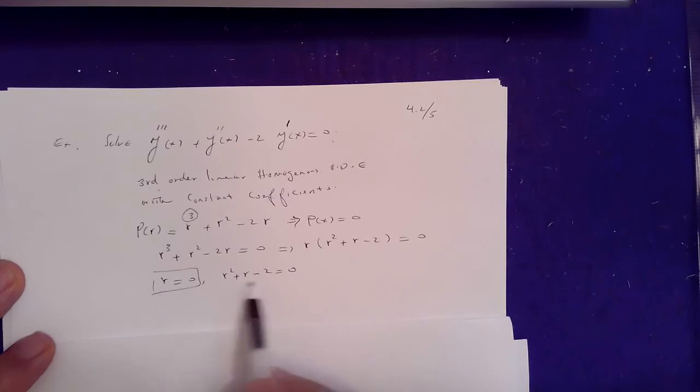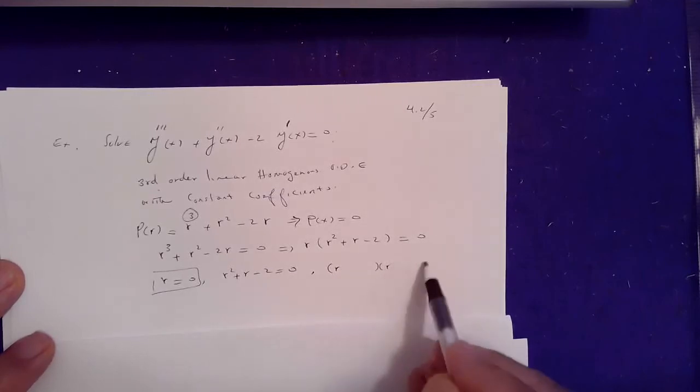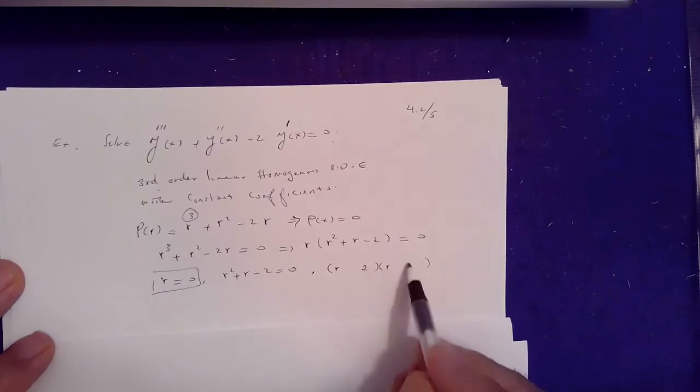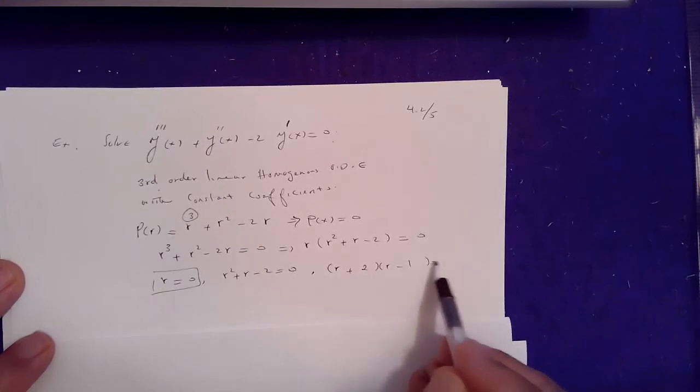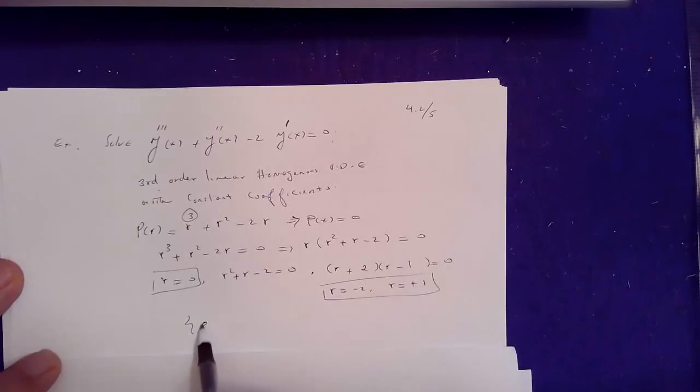The other 2 come from this quadratic equation. So factor this out, and r is equal to negative 2 or positive 1. Do you see it? So the fundamental solutions are e to the 0x, e to the negative 2x, e to the 1x.